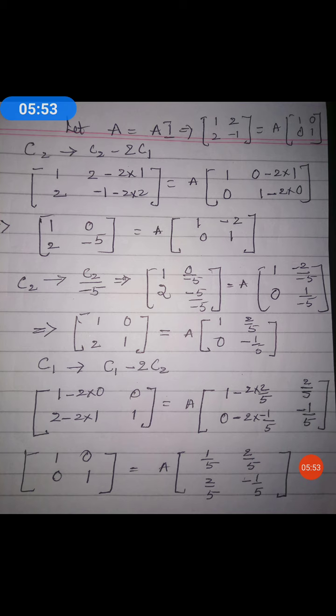We must always reach the identity matrix on the left side. That is equal to A into [1 by 5, 2 by 5; 2 by 5, minus 1 by 5]. The matrix after A is called A inverse. Therefore A inverse is 1 by 5, 2 by 5, 2 by 5, minus 1 by 5.